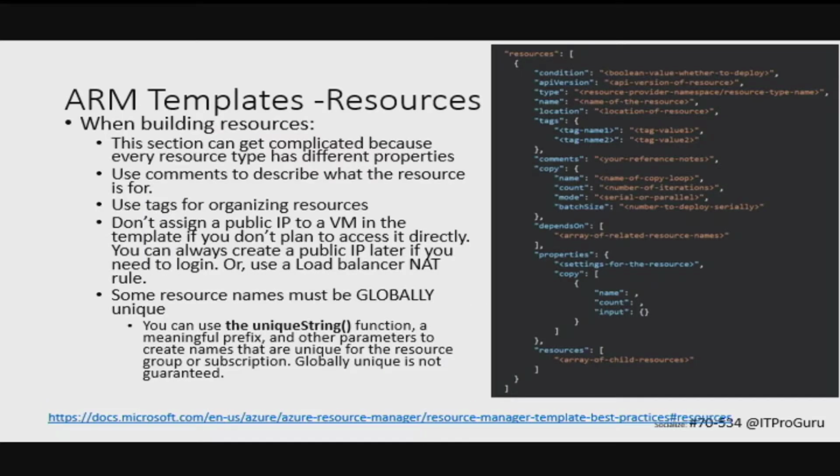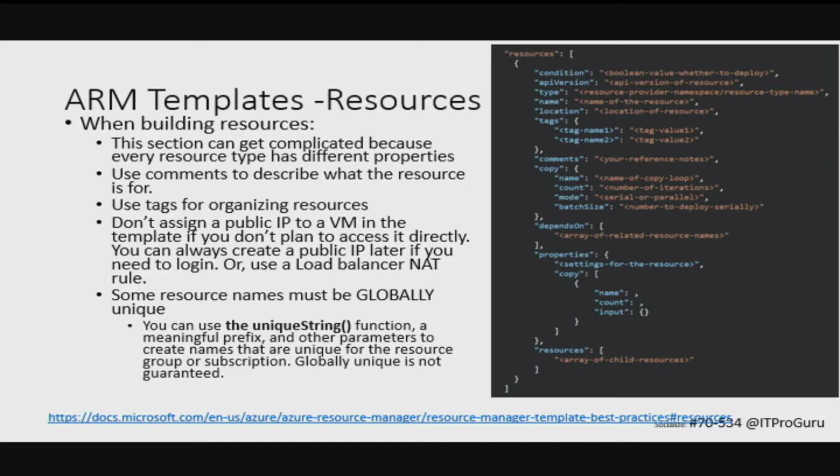And then the last item are resources, right? So not the last item, sorry. Second to the last item is our resources. And so these are the actual things that we're going to deploy into our resource group. These are the actual resources we're going to create, right? This is the VM or the SQL database, any of those. So there are some standard properties that you would set, but every resource has its own set of properties, right?